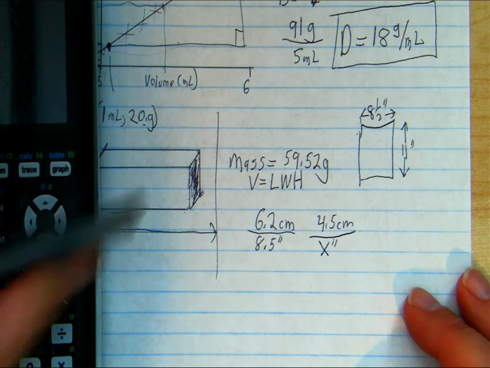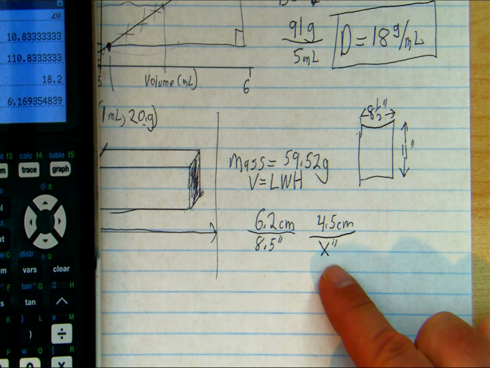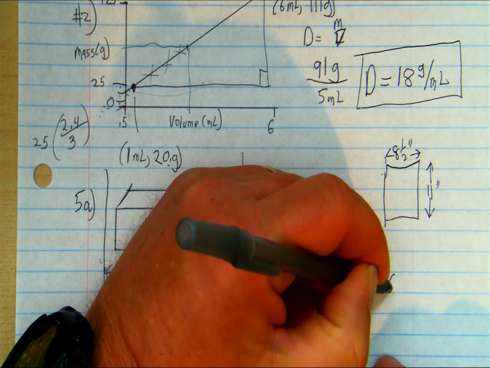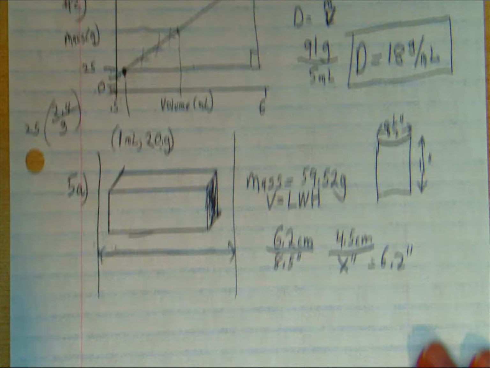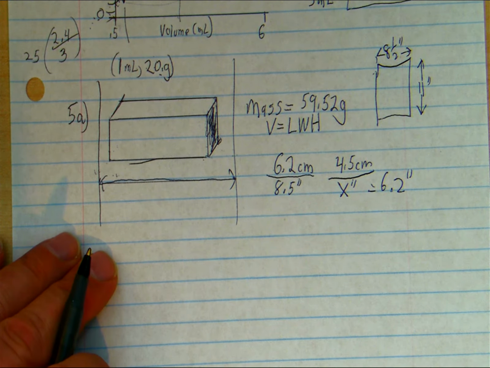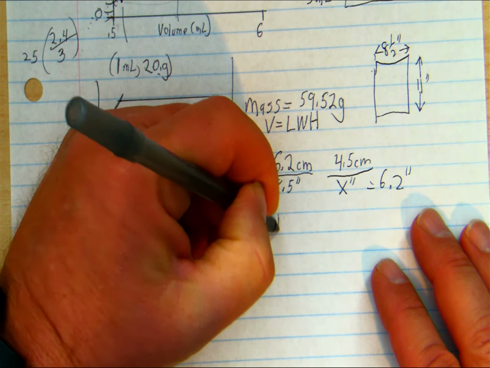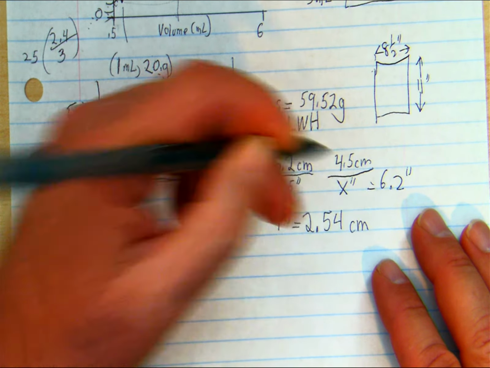And so if this were a valid example, I would cross multiply: 8.5 times 4.5 divided by 6.2, enter, means this rectangle would be 6 point, call it 2 inches. Of course, you need it in units of centimeters, knowing that 1 inch is defined to be exactly 2.54 centimeters.